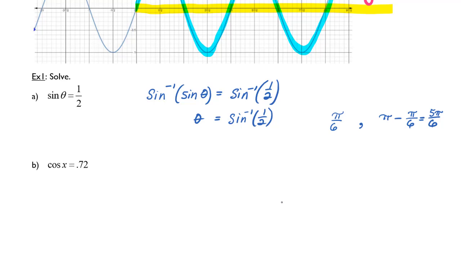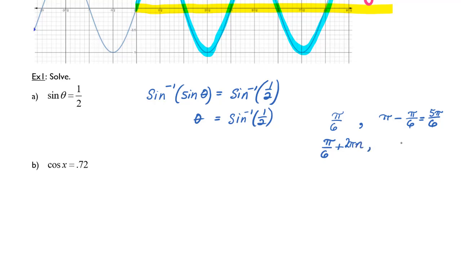Now that's for one period of sine. So now we have to think about how we could write this for every additional time this happens. Well, pi over 6 happens every rotation, so we can say pi over 6 plus 2 pi n.